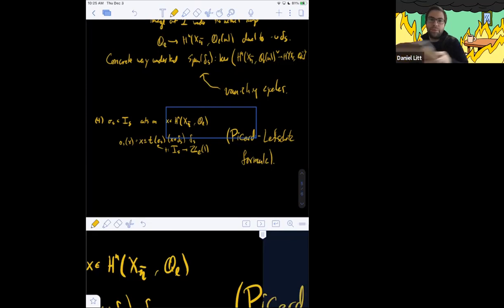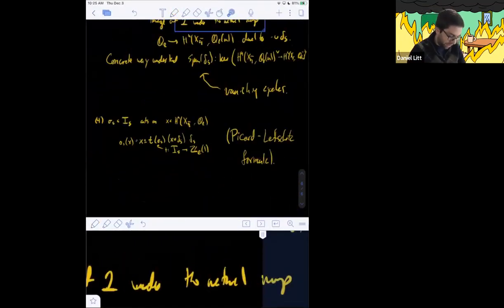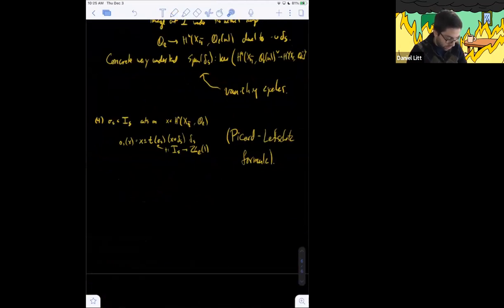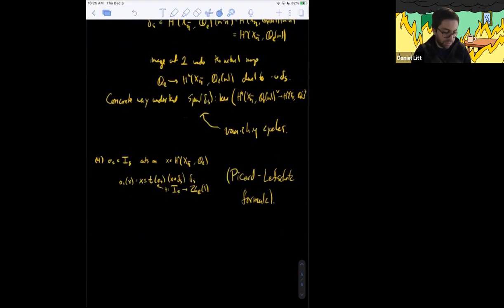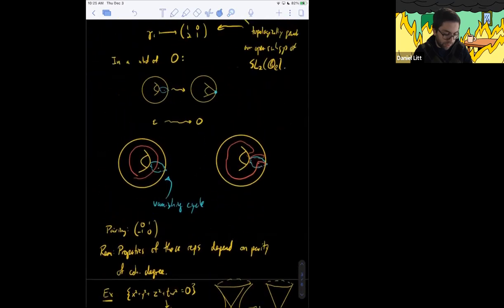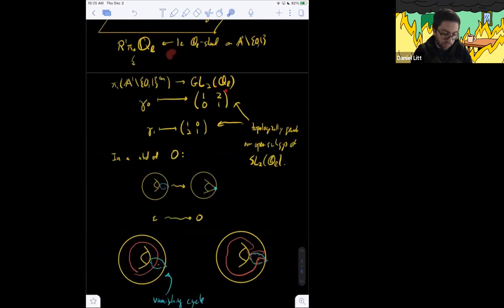So okay, maybe I did want to mention one thing that I think is a little bit illuminating here. If you're on break, that's okay. This is not super important. So this X cup delta_S, this intersection number of our 2 cycles or 2 cohomology classes, tells us the coefficient of delta_S, right? In here, so that's actually this 2 in our picture. So that actually tells us something interesting.